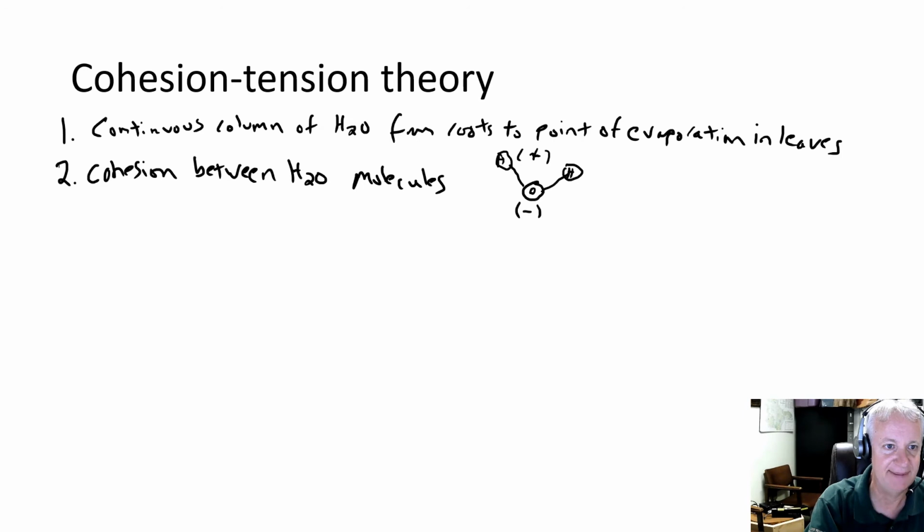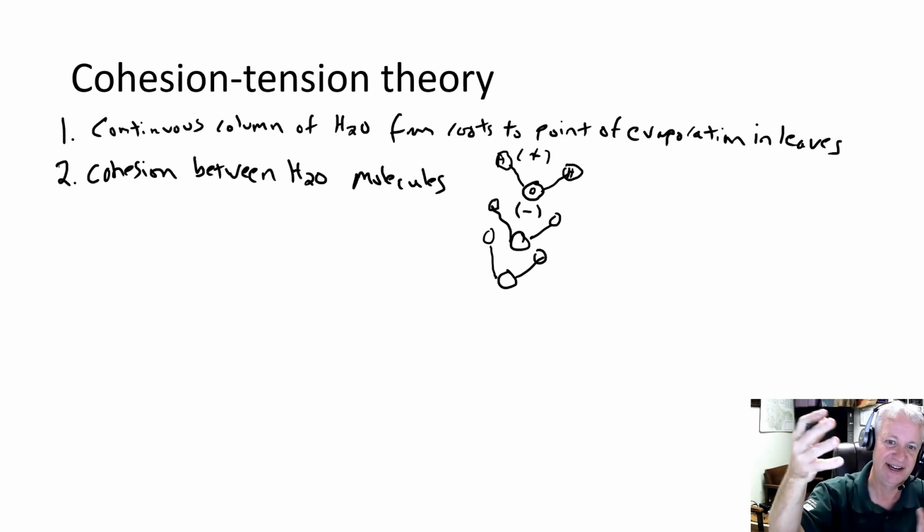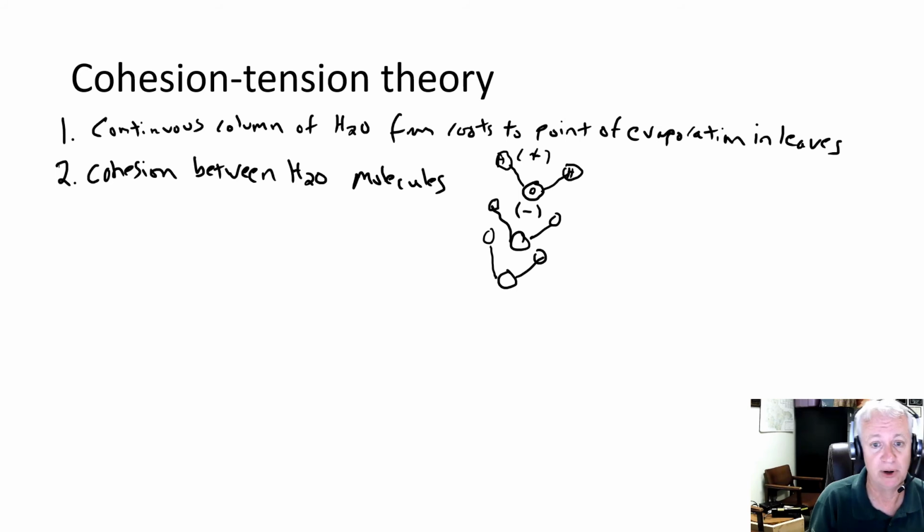And what that does is that means that water molecules tend to stick to each other like this. So that net positive on one side is attracted to the net negative of the other side of the next molecule, and they tend to stick together. That sticking together is called cohesion, and it's pretty strong. Water is quite a polar molecule.